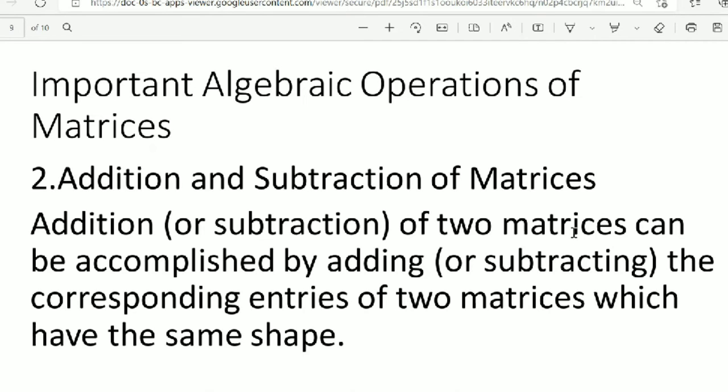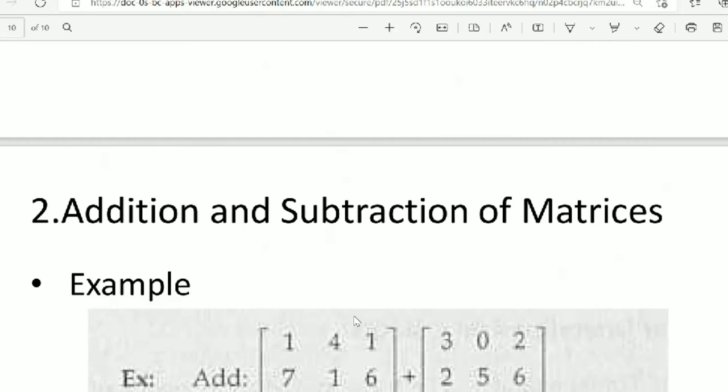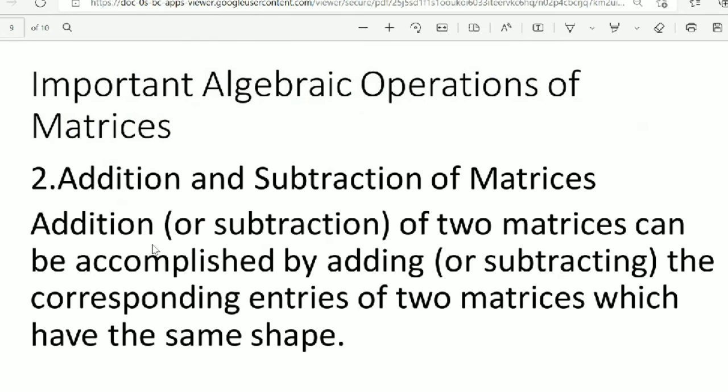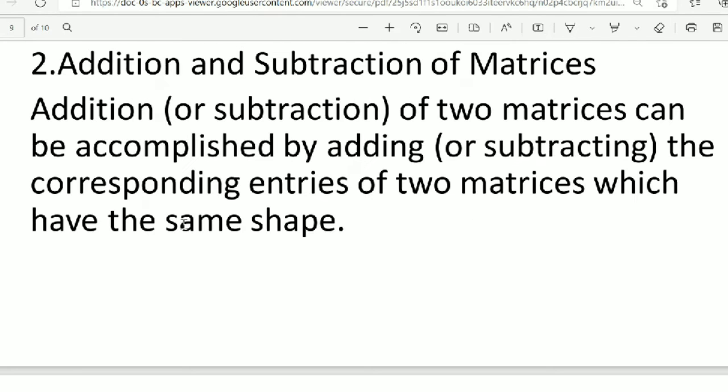And also, we have the addition and subtraction of matrices. Addition or subtraction of two matrices can be accomplished by adding or subtracting the corresponding entries of two matrices which have the same shape. So we can have an example so that we can apply the addition and subtraction of matrices. The first condition is that the two matrices must have the same shape.